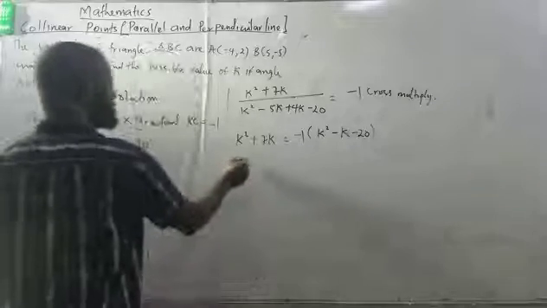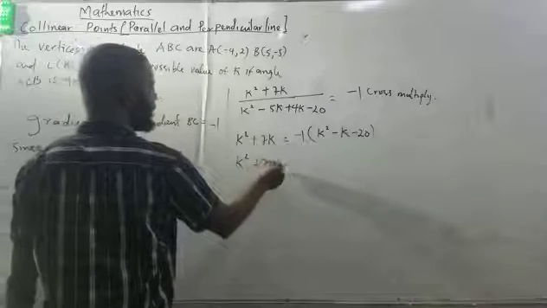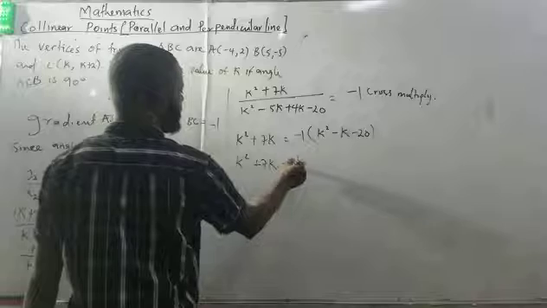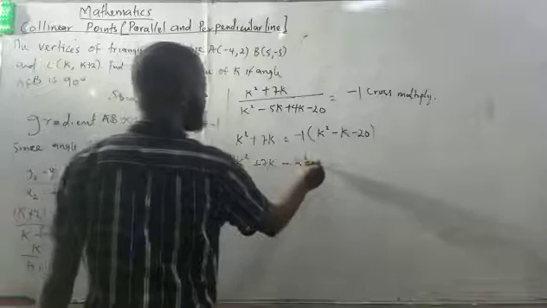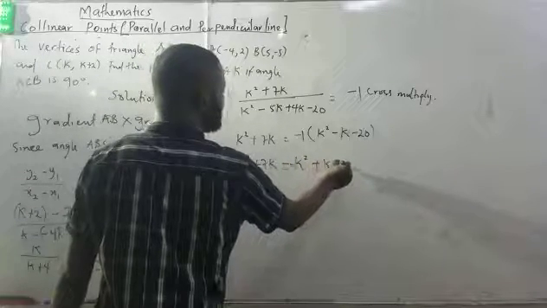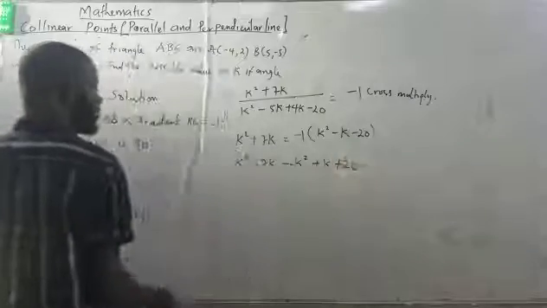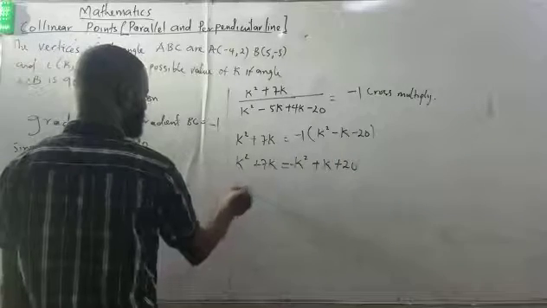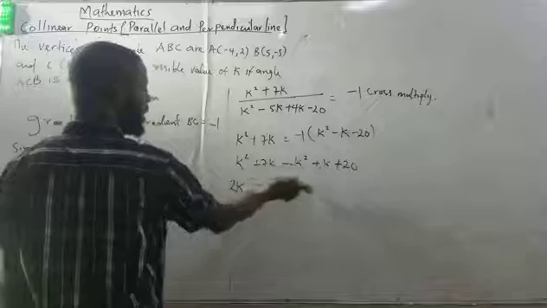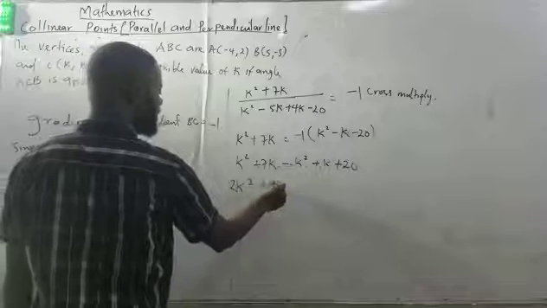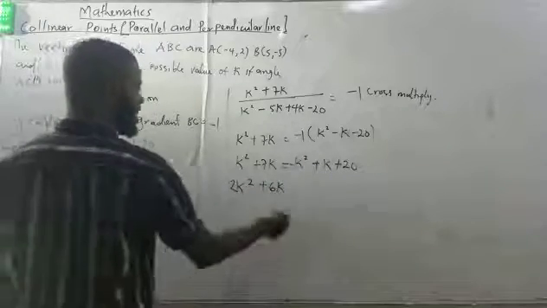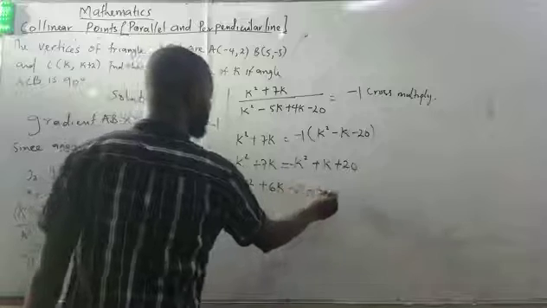Now, by so doing this, k squared plus 7k minus k and minus k squared plus k plus 20. Now, when I collect like terms, it will be 2k squared plus 6k minus 20 equals to 0.